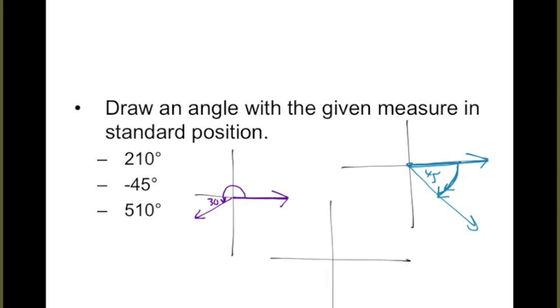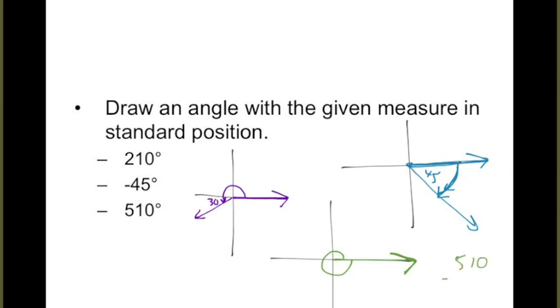For the third one, start at the positive x-axis always. 510 degrees. How big is a circle? 360. So I need to do a whole circle. And for this one, we're going in our counterclockwise direction, so it's a positive angle. So I've covered 360 so far, but I need to do 510, so I need to do more than that. How much more? How do I find that out?